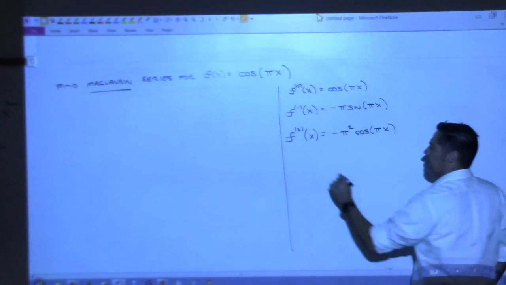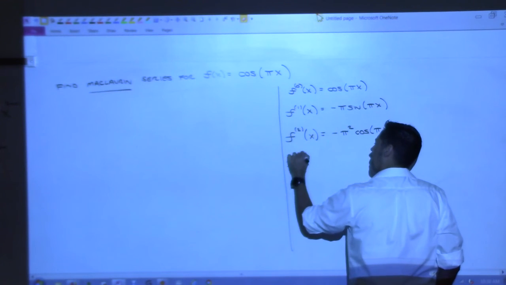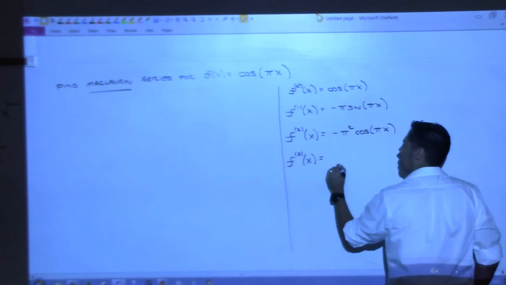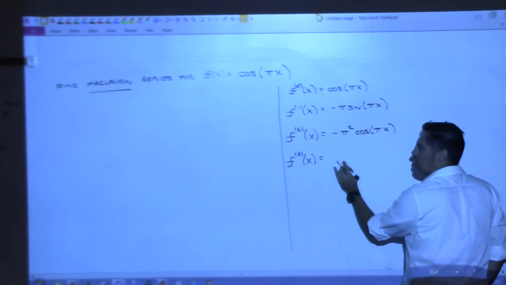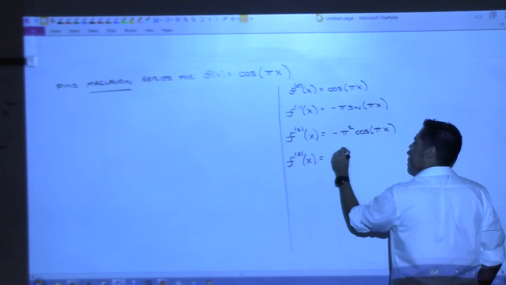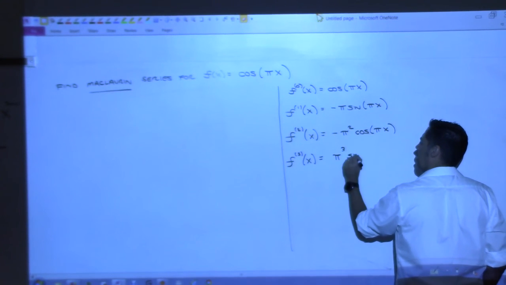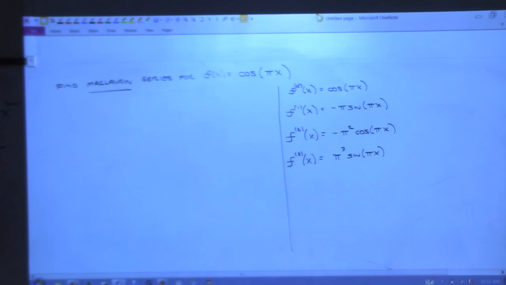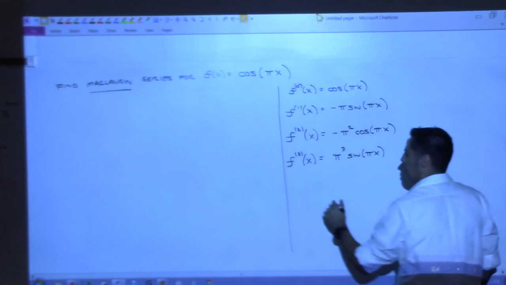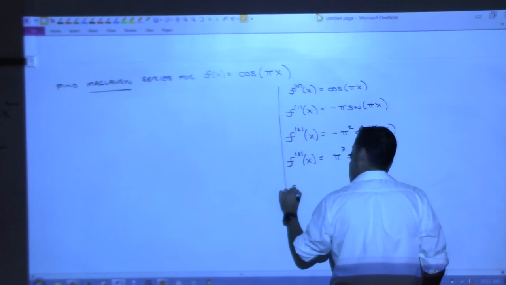Third derivative. So negatives cancel. You'd have another negative, so it would become a positive pi cubed sine pi x. And maybe we'll just do another one or two of these.